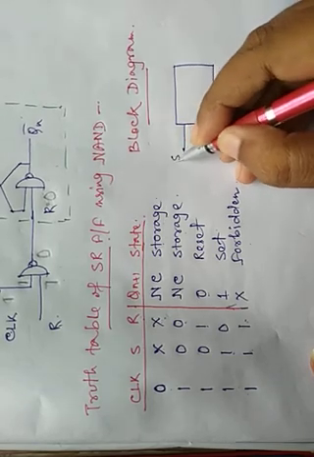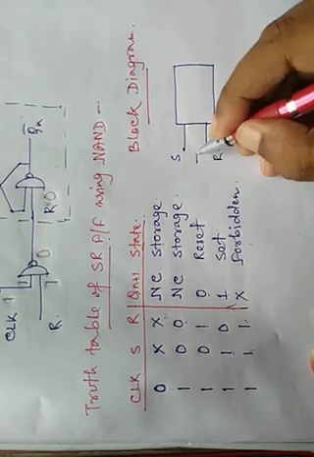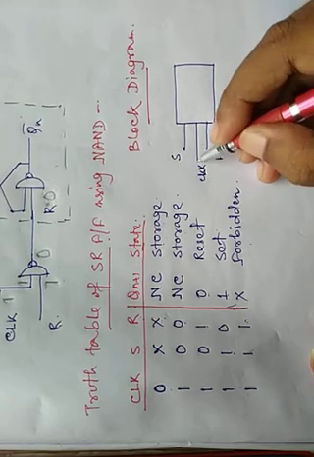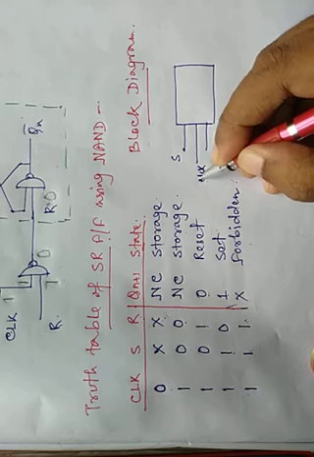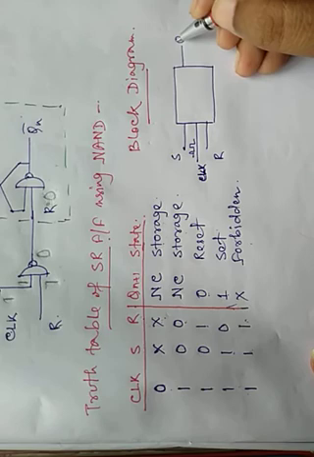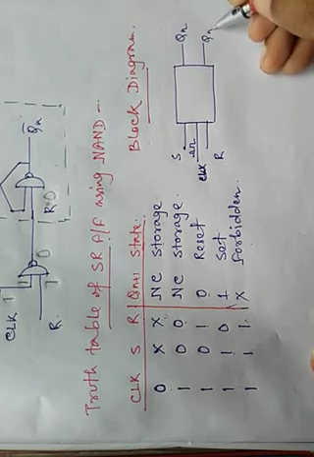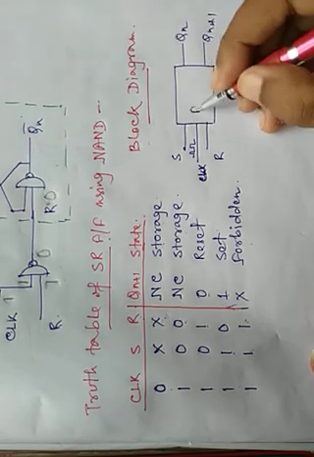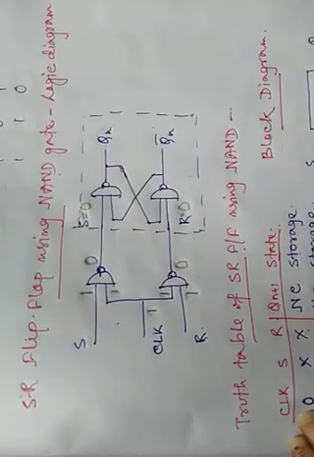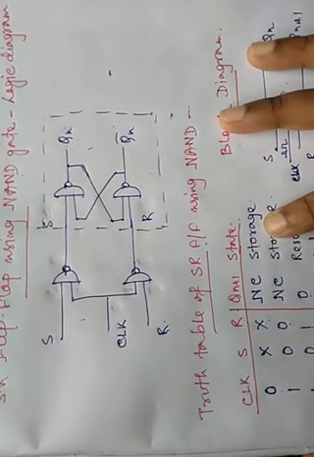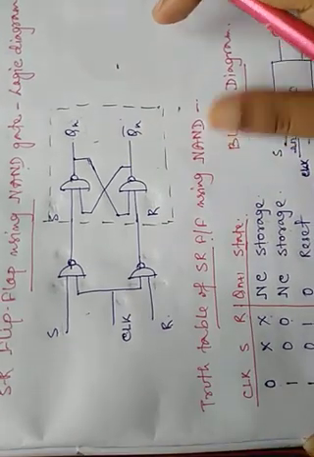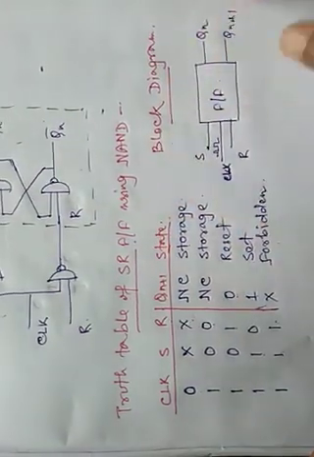But here upper one is S, below one is R, it is clock, and it is Qn plus 1, it is flip-flop. Okay, so this is the diagram of flip-flop using NAND gate and the truth table.